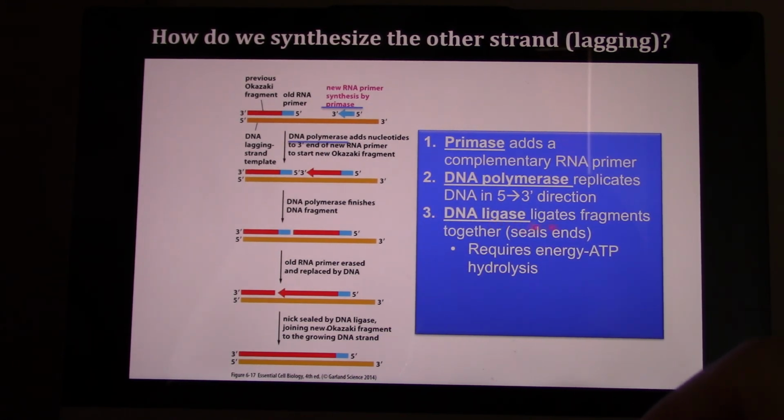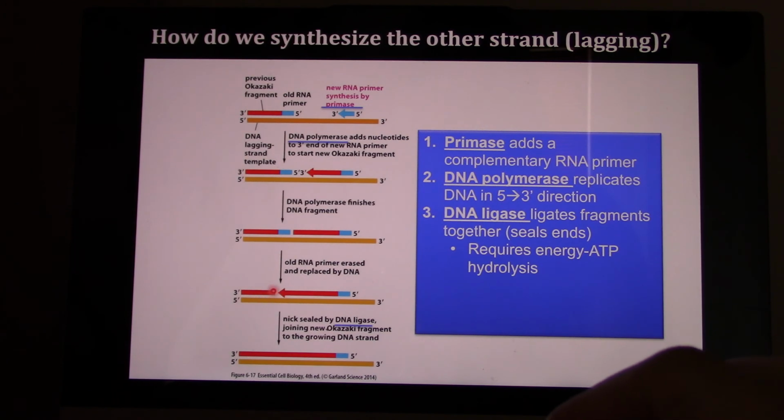Number 3, DNA ligase ligates fragments together, seals the ends, and it requires energy, ATP. We're going to do ATP hydrolysis as a coupling reaction to get the energy to generate this bond. So DNA ligase is down here. Once we get the primer, we remove the primer.